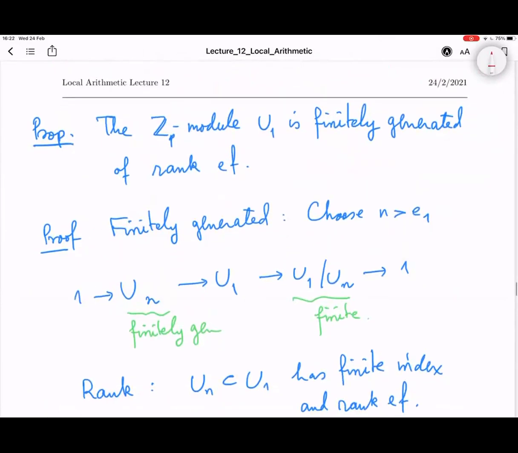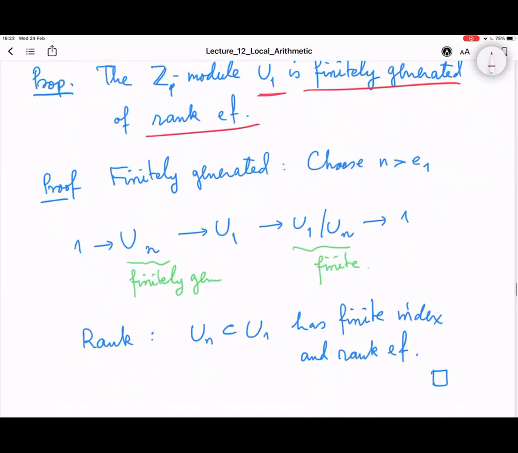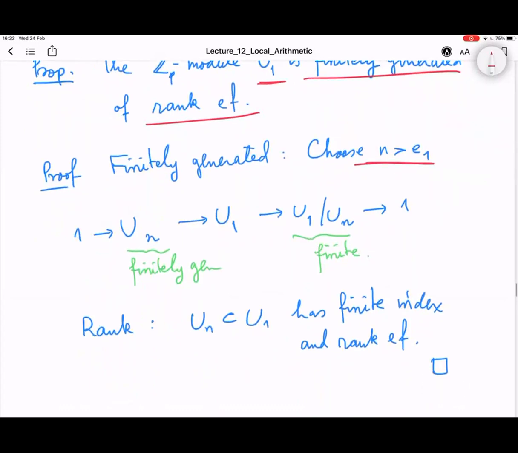Okay, so finally, for U_1, I want to prove that it's finitely generated of rank ef. Why is it finitely generated? Because I take any n which is strictly greater than e_1, then I know that U_n is not just finitely generated, but also free of rank ef, and it's contained in U_1. And the quotient U_1 modulo U_n is finite, because again, by the filtration, you know that it's finite.